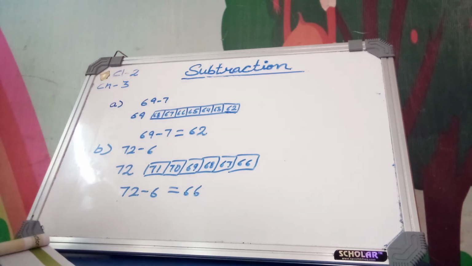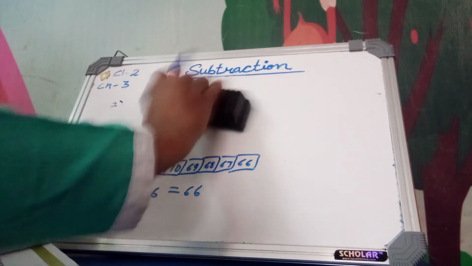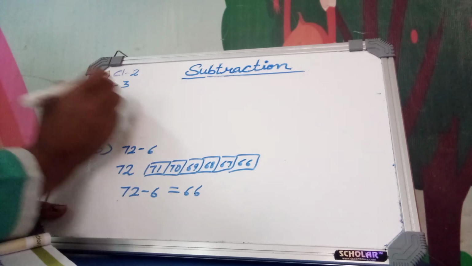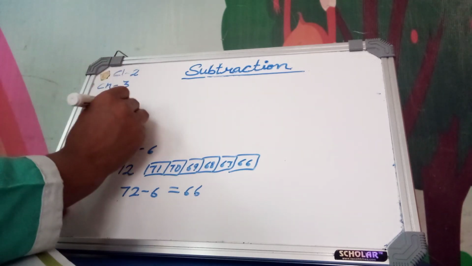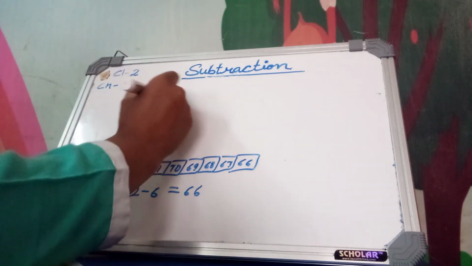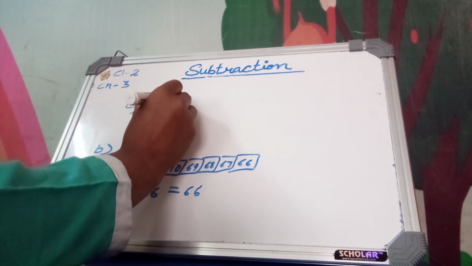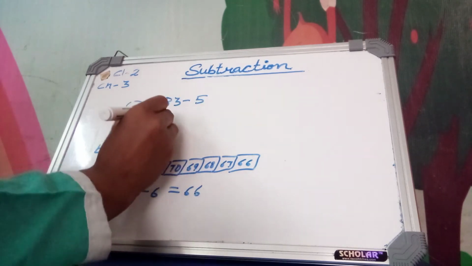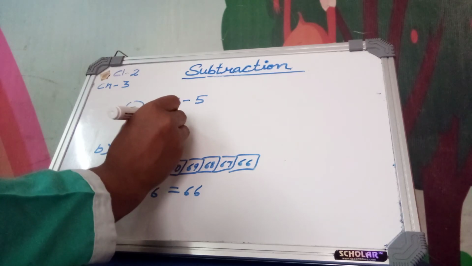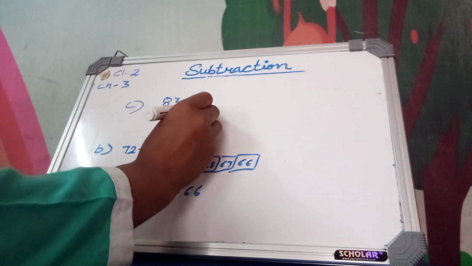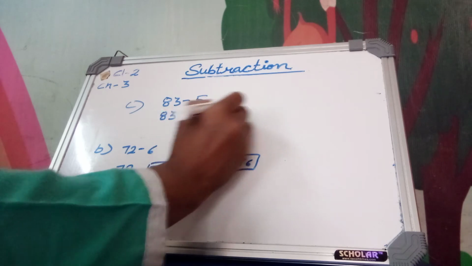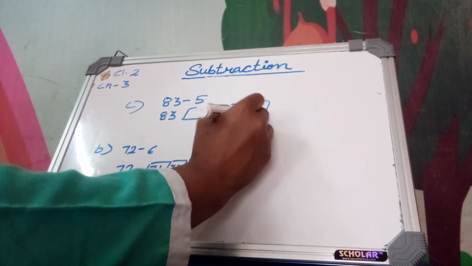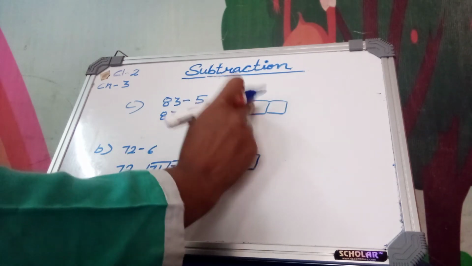Okay, now see next, number C. 83. From 83 take away 5. Firstly we have to write 83 here, and then we will make 5 boxes. 1 2 3 4 5.